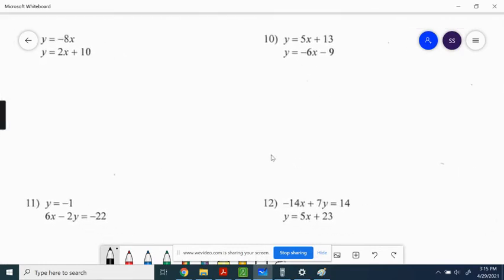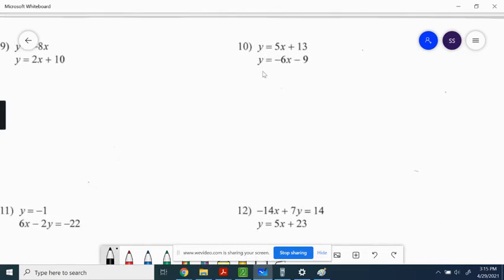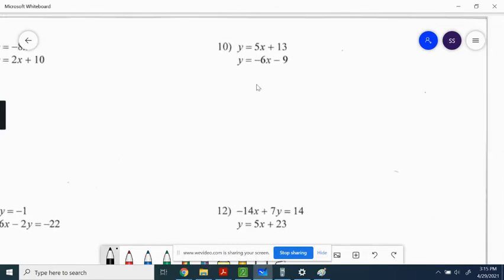So numbers 9 and 10 are a little trickier. They've got y solved for two different ways. So what you can do, if you recognize that y is equal to this, you can just replace it down for this y and write it out as 5x plus 13 is equal to -6x minus 9.